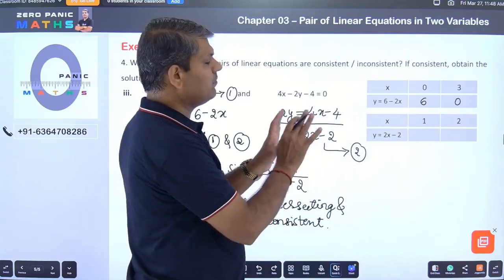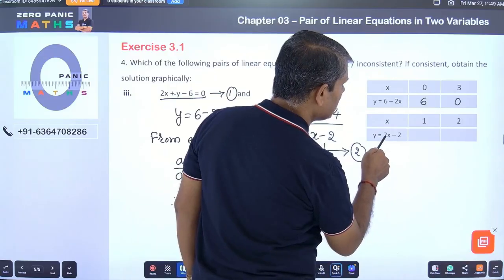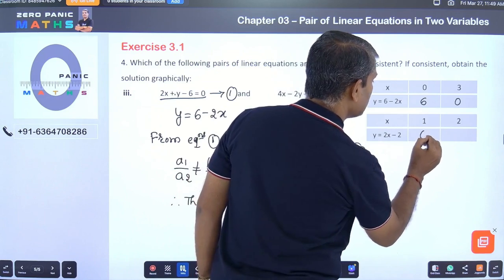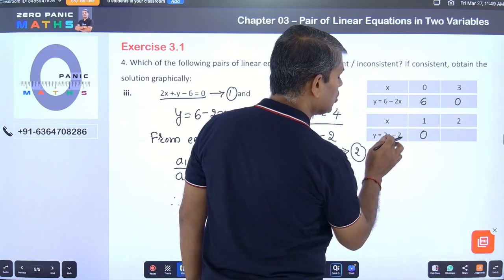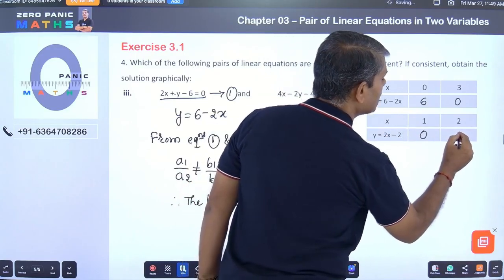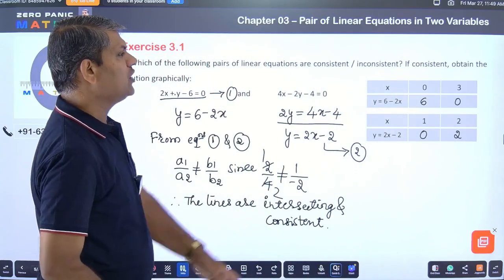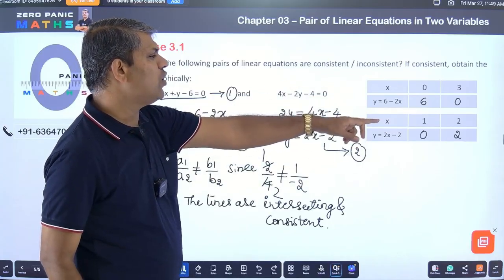If I put 1 in place of x, 2 into 1 is 2, 2 minus 2 gives me 0. If I put 2 in place of x, 2 into 2 is 4 minus 2, which gives me 2, right? So these are the coordinates for me: (0, 6), (3, 0), (1, 0), (2, 2).